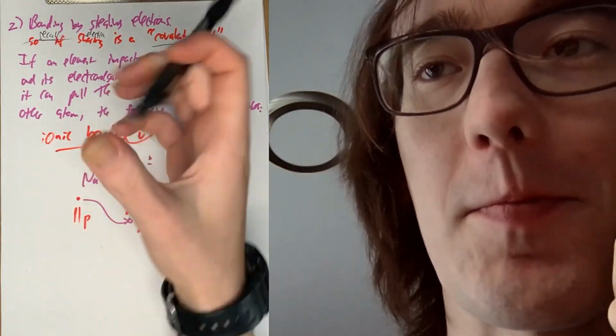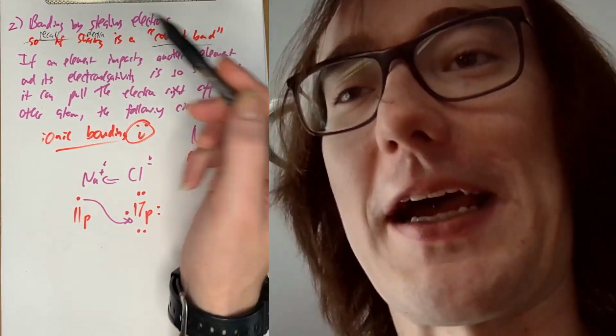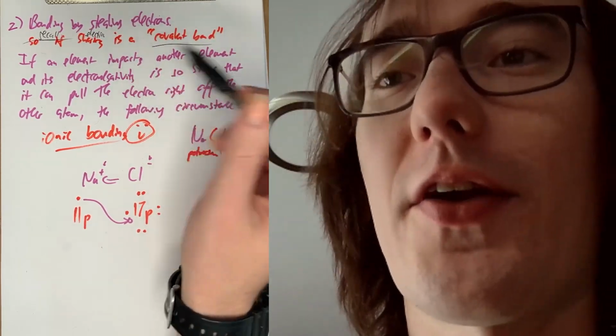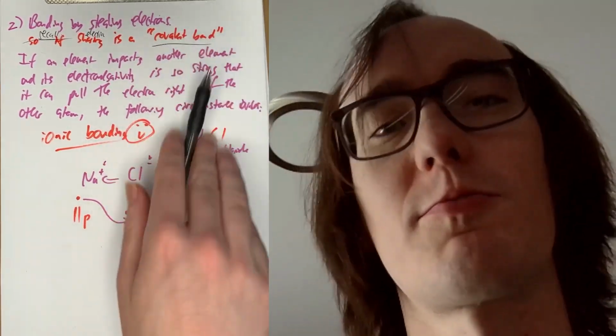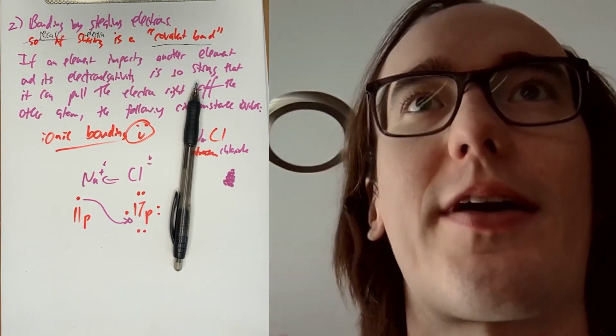Yeah, it's quantum, literally. So moving quickly past that, if an element impacts another element, this is the way we're going to think about it in terms of chemical interactions, where we usually think of atoms striking other atoms.